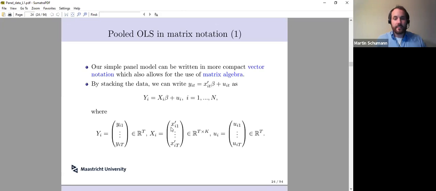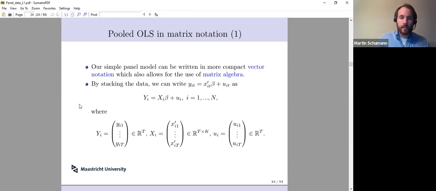The xit are put into a single matrix. Because we put a prime on all the xit, this is a T times k matrix, so that here there is no prime. Beta is still in R to the power k. And also the u is stacked. So we can write the model like this, and this looks pretty much like a simple cross-sectional model.